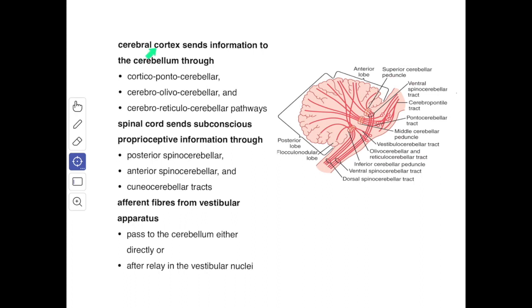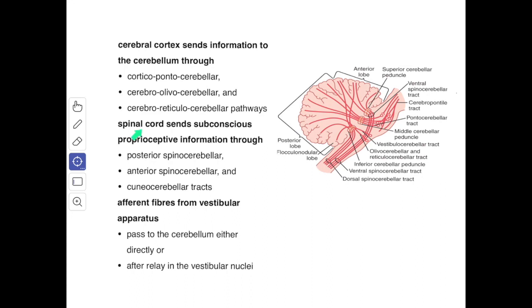The cerebral cortex sends information to the cerebellum through the cortico-pontocerebellar pathway, the cerebro-olivocerebellar pathway, and cerebro-reticulocerebellar pathway.